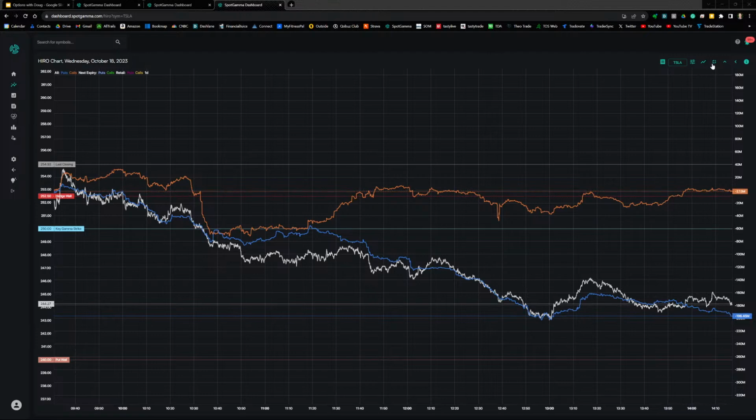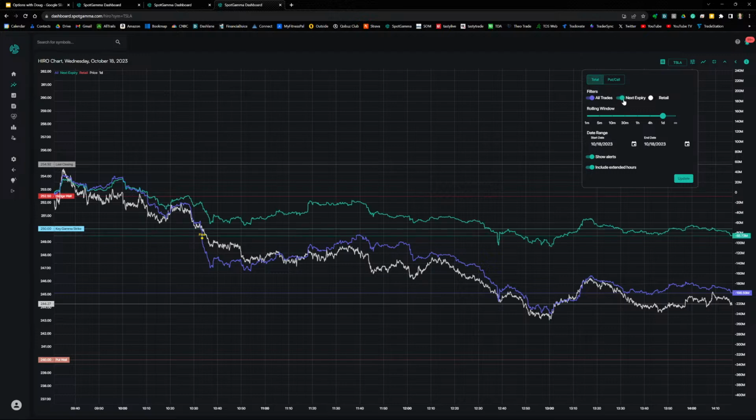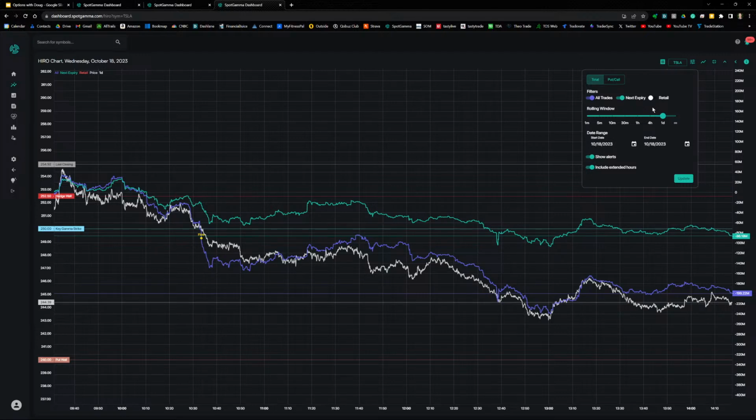One other thing I want to take a look at, let's go back to the total signal and take a look at next expiry. And for Tesla, this would be Friday expiration. So remember, most of the stocks that I look at, that I trade, have options that expire once a week on Friday.